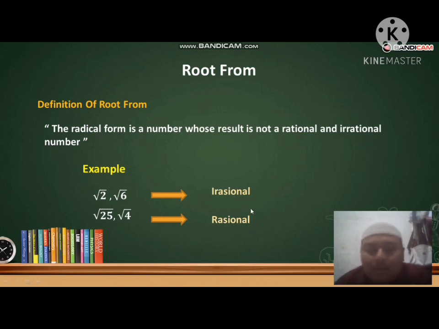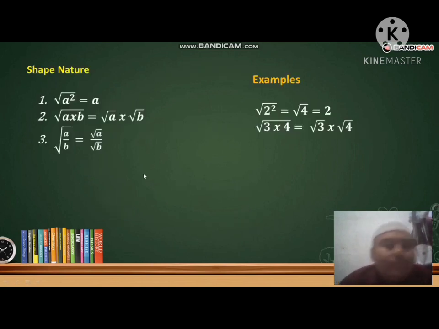Okay friends, the next material. Remember the properties of the root form. Number 1, the square root of a squared equals a. Number 2, the square root of a times b equals the square root of a times the square root of b.